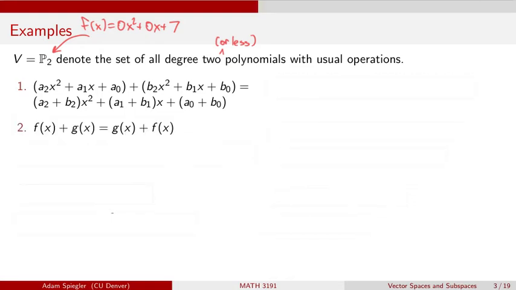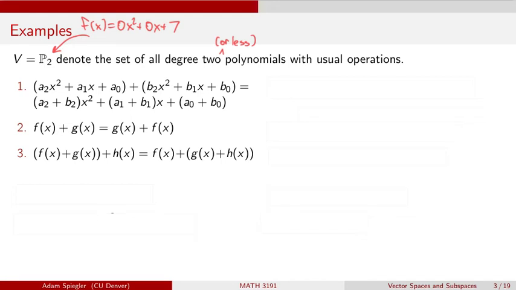We can quickly verify, as a result of addition being commutative, that if I take f plus g, I'm going to get g plus f. This is true no matter what these functions are. Certainly it holds for degree 2 polynomials. And the same goes for the associative property of addition.